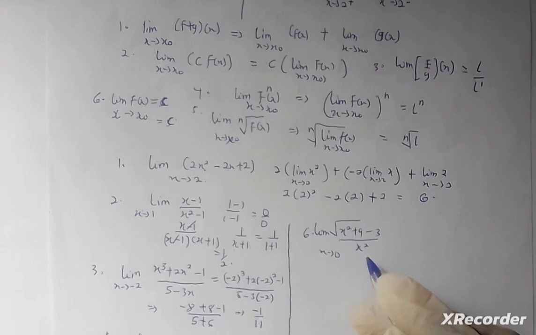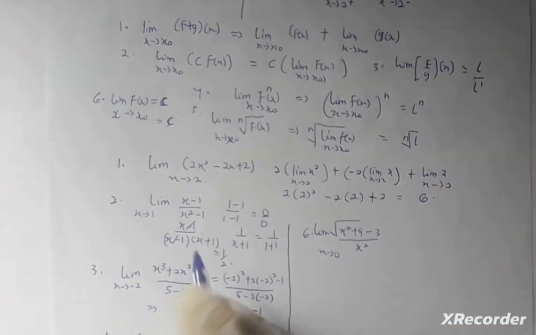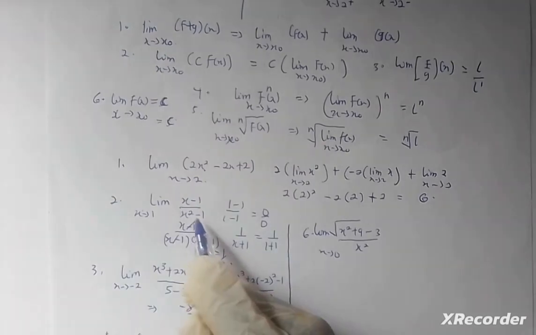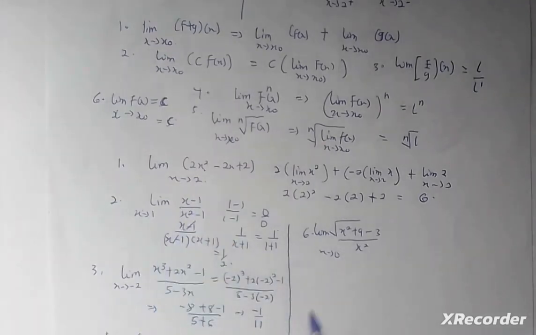So what does that mean? I have to find a way to do away with it. In the other example, I saw that I could simplify and cancel out, but here I can't do that. Now if you are having any expression with radical signs in it, it's best to use the conjugate.